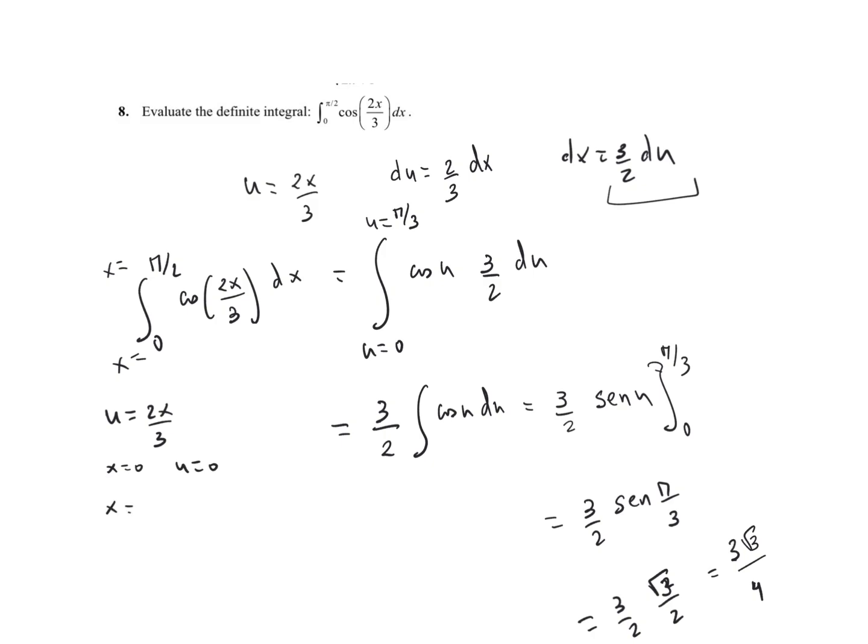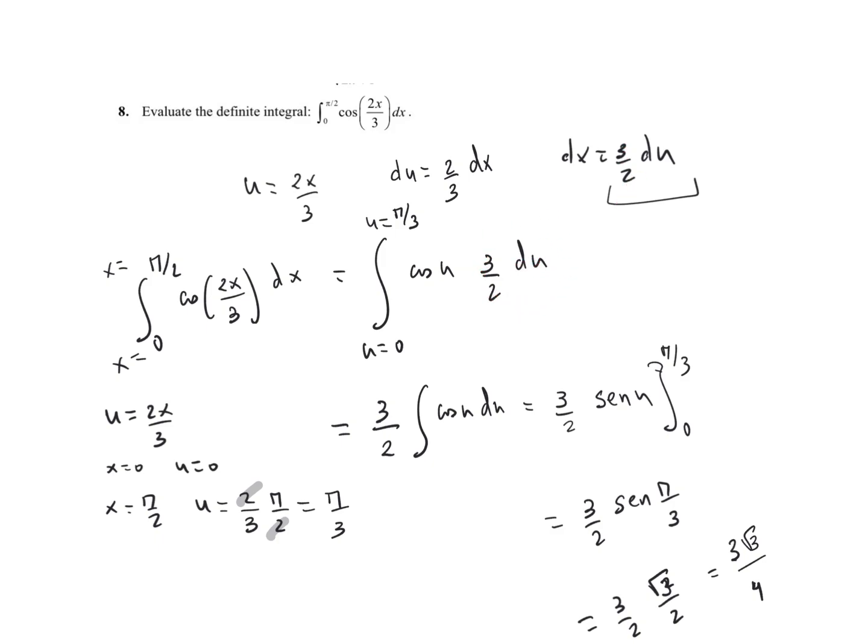And when x equals pi divided by 2, u is equal to 2/3 of pi divided by 2, or pi divided by 3, because this will cancel. So the integral will be from u equals 0 to u equals pi divided by 3 of cosine u times 3/2 du.